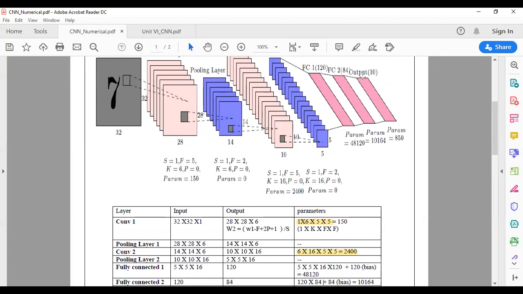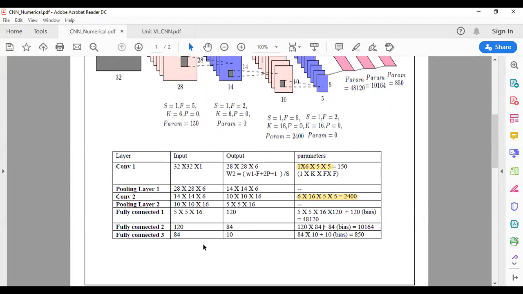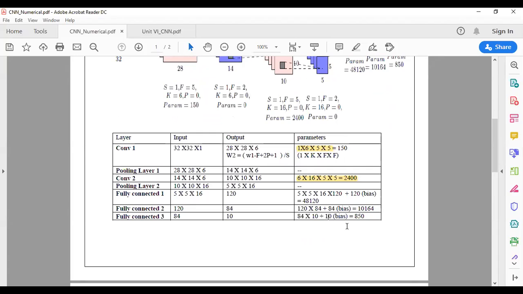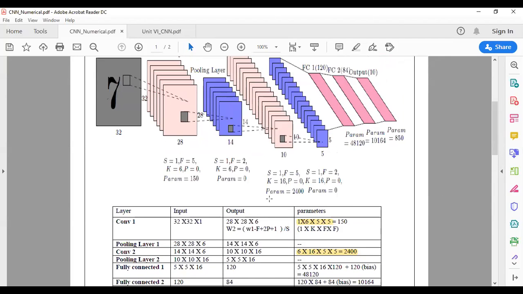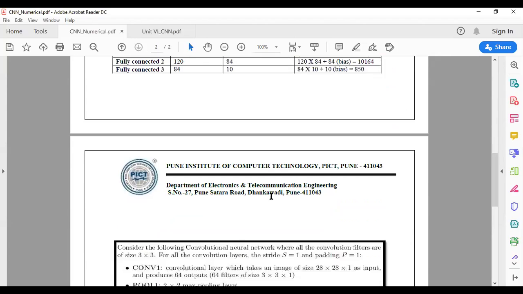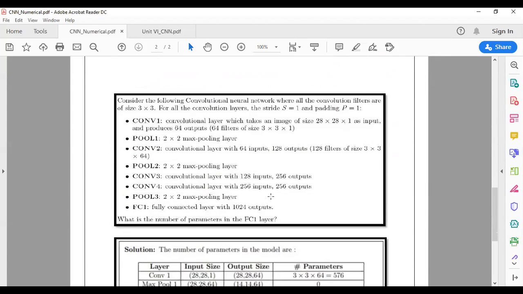When you go to the last layer, input is 84, output is 10. So how many parameters? 84 into 10 plus 10, which is 850. The total number of parameters, if you compare with a feed forward network, is still substantially low.